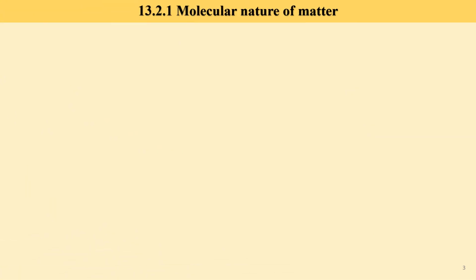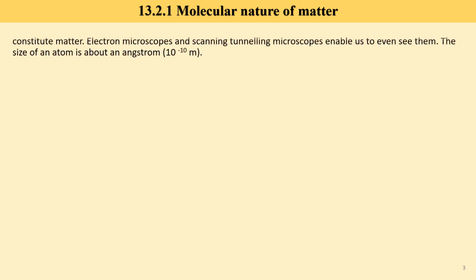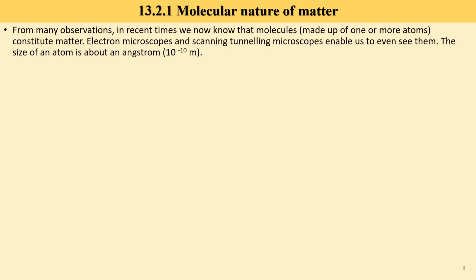We will continue molecular nature of matter. From many observations in recent times, we know that molecules, which are made up of one or more atoms, constitute the matter. Electron microscope and scanning tunneling microscope enable us to see them even.